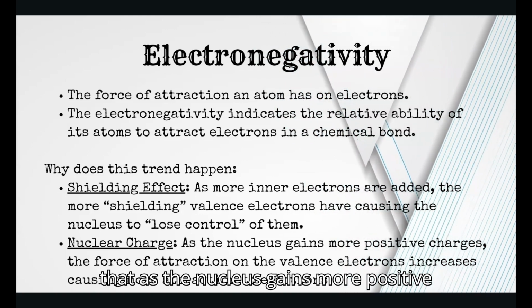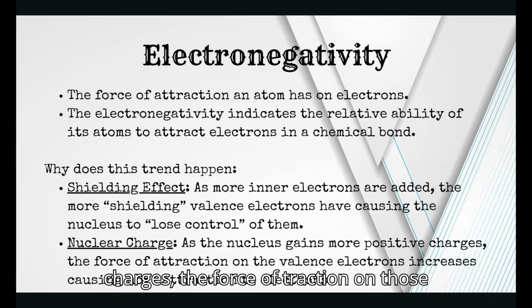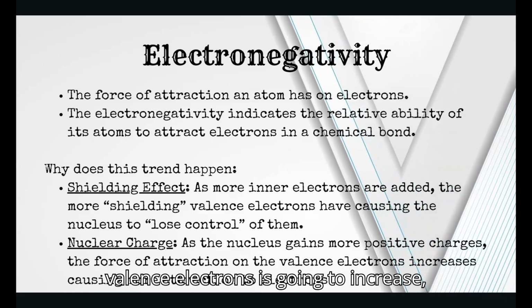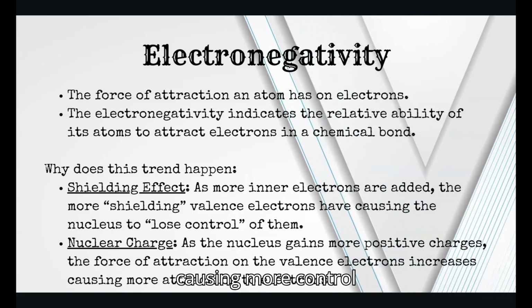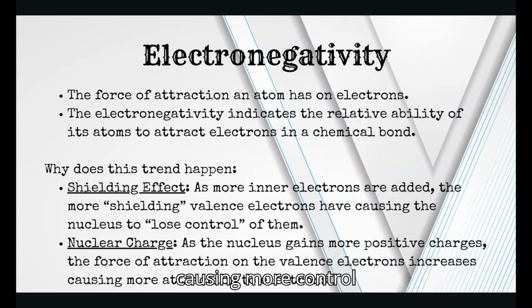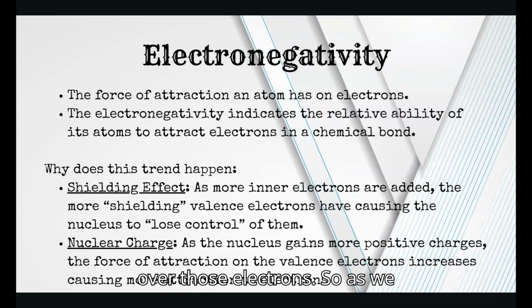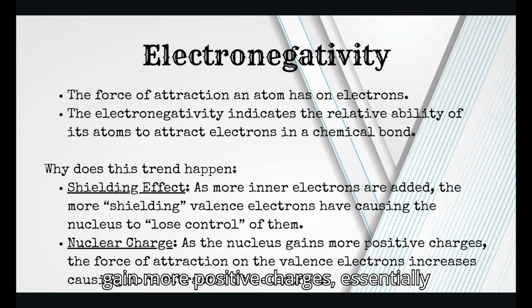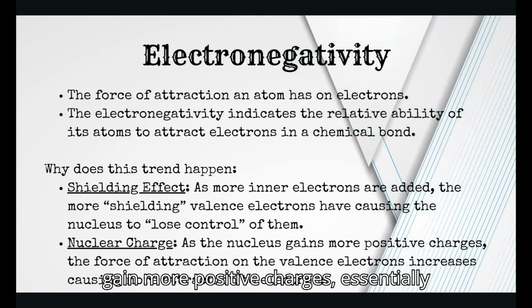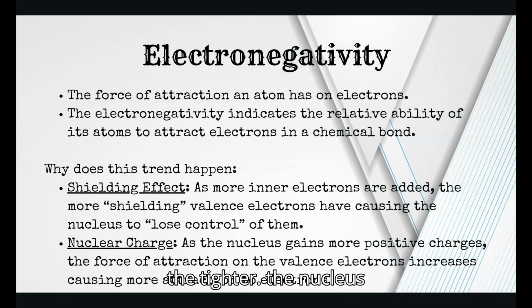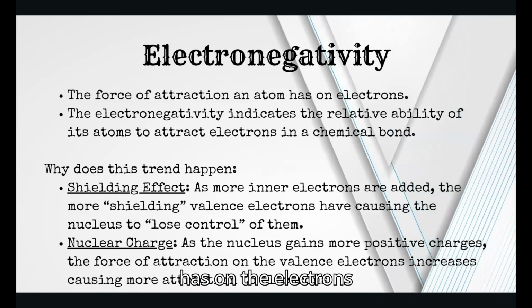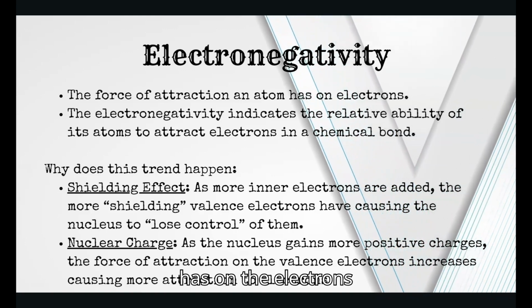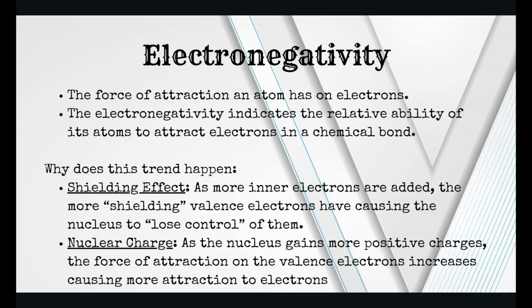As the nucleus gains more positive charges, the force of attraction on those valence electrons is going to increase, causing more control over those electrons. So as we gain more positive charges, the tighter the nucleus holds on to the electrons on the outside.